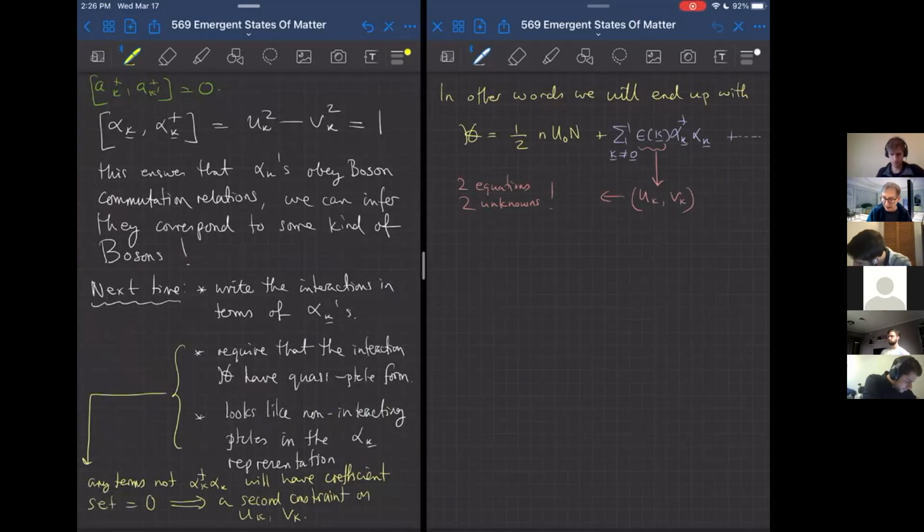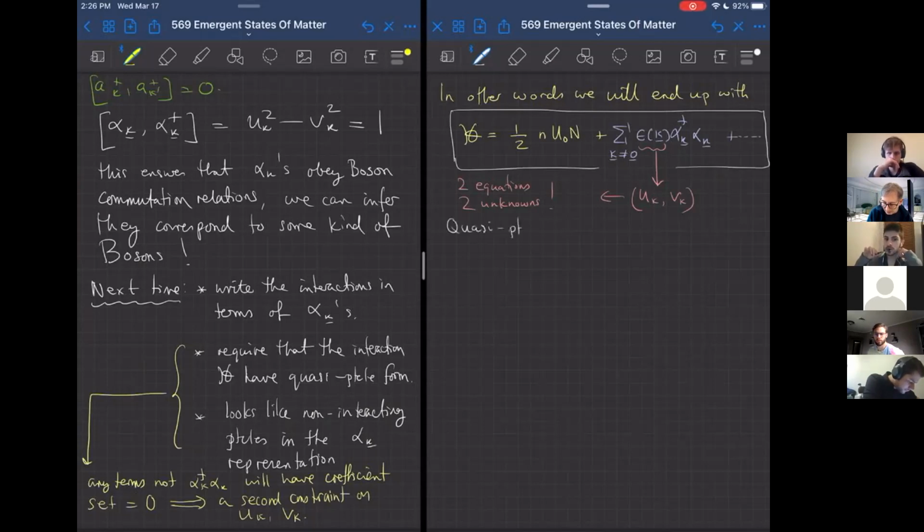I'm going to show you that the Hamiltonian will end up looking like a quasi-particle Hamiltonian, a Hamiltonian that describes an energy plus some number operator times an energy spectrum, and so it's a bunch of free particles added together, and that's what we mean by the quasi-particle Hamiltonian. And we talked about this at the beginning of this whole section.